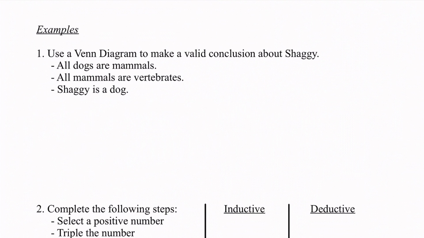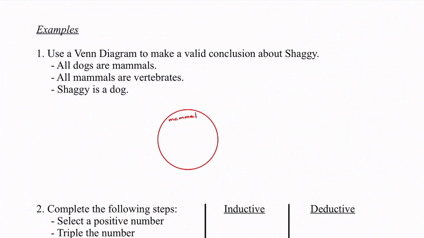The first statement says all dogs are mammals. So I'm going to draw a circle and label that circle. Anything inside of this circle is going to be a mammal. From the first statement, I know that all dogs are mammals, so I'm going to make a category for dogs, and it has to be inside of mammals.